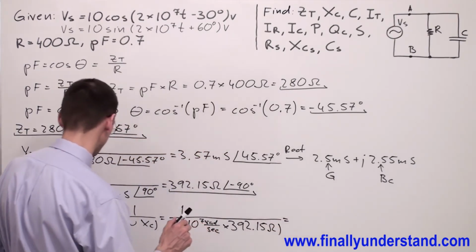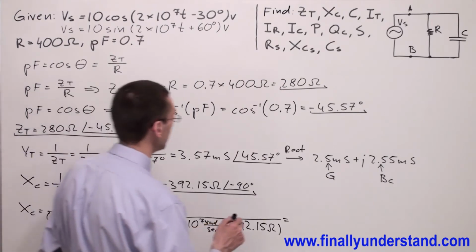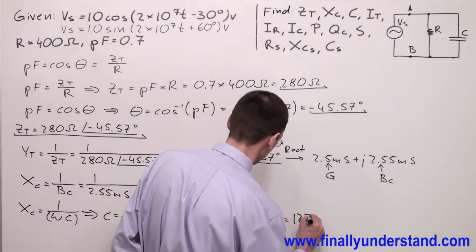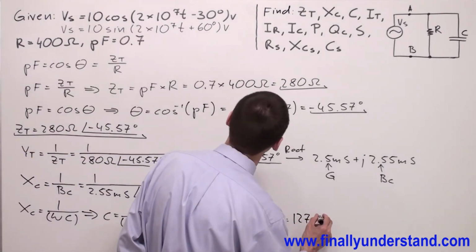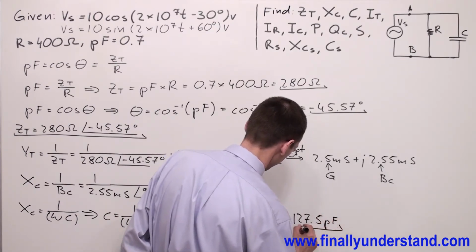So the capacitance of the capacitor, C, is equal 127.5 picofarads.